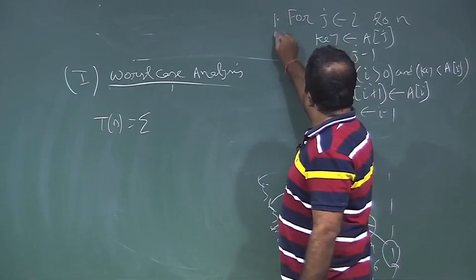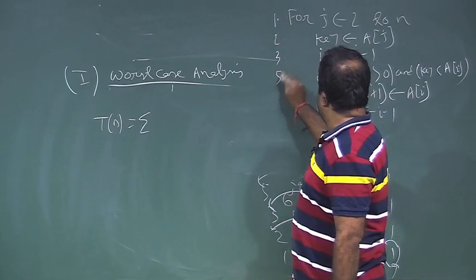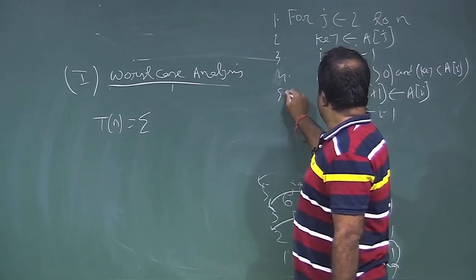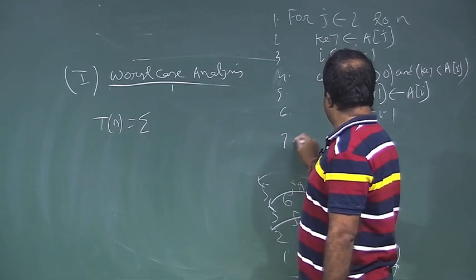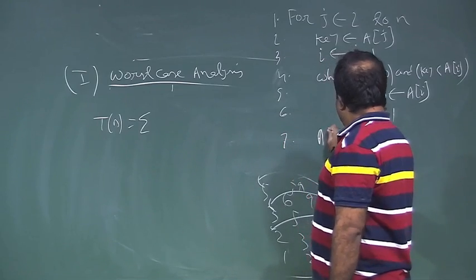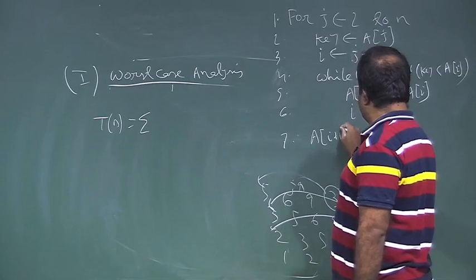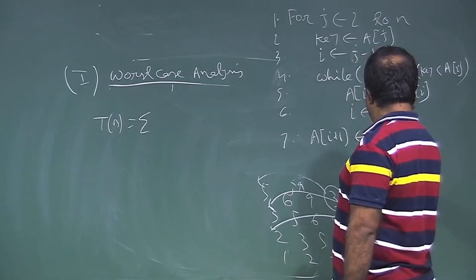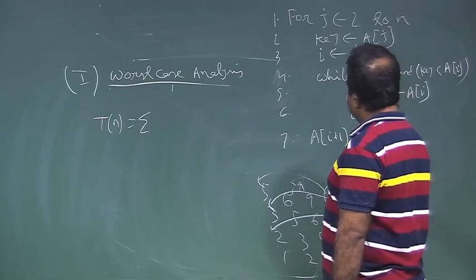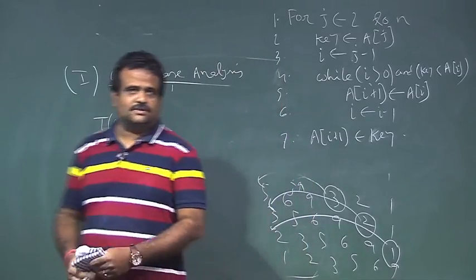So, these are lines 1, 2, 3, 4, 5, 6, and 7 is, after the while loop, A[i plus 1] equals key. This is the code for insertion sort.